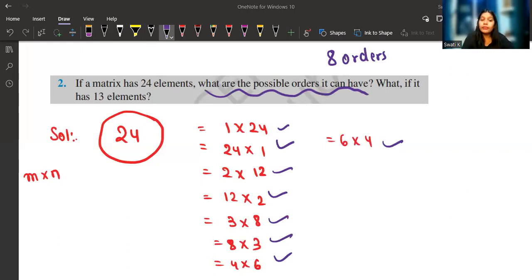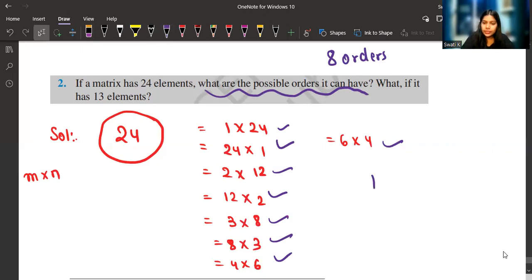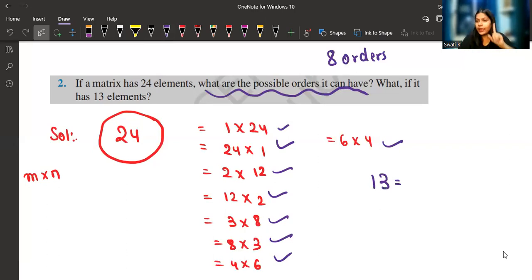Now, what if it has 13 elements? So if it has 13 elements, that means you have to write down 13 in such a way that if you take two numbers, the product is 13. And for that, we have only two cases. Either 1 times 13 or 13 times 1. Do we have any other numbers that you multiply and get 13?